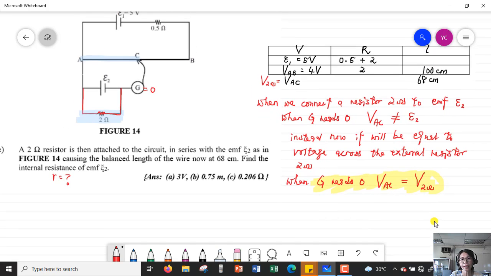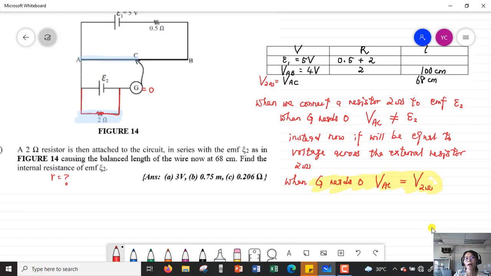Okay, so again we use our potentiometer. We use the information above, we use the ratio for the wire. We get the voltage across the 2 ohm resistor. So we apply ratio voltage equals ratio length.